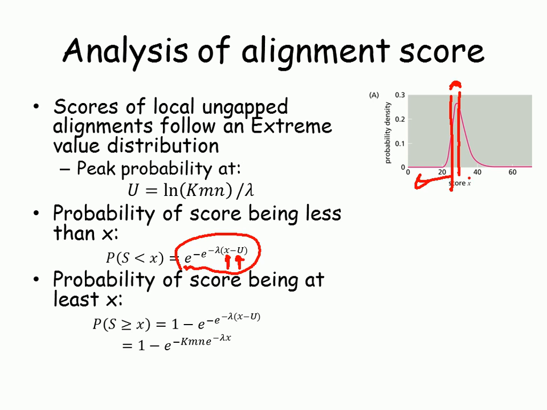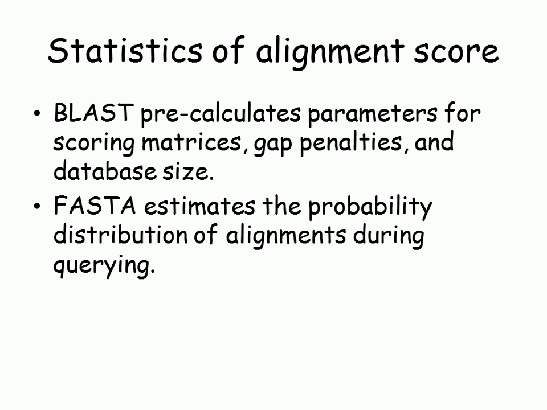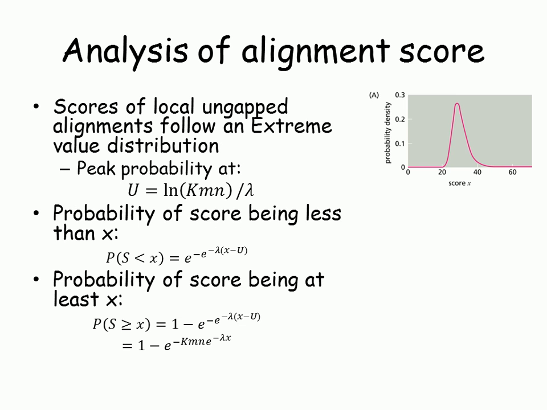And the other side of that, if you are interested in the probability that a score is greater than x, then you just take 1 minus this. Okay, so having found an alignment, let's say you align two sequences and you got an alignment score of 120.